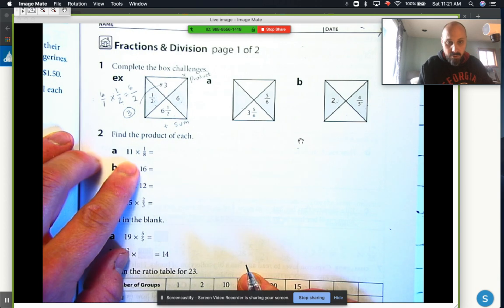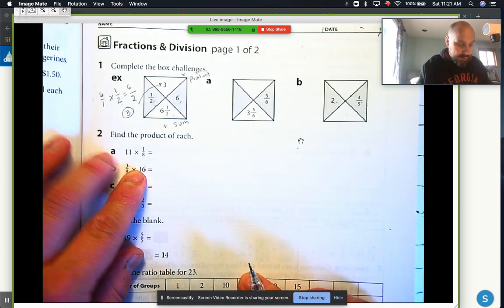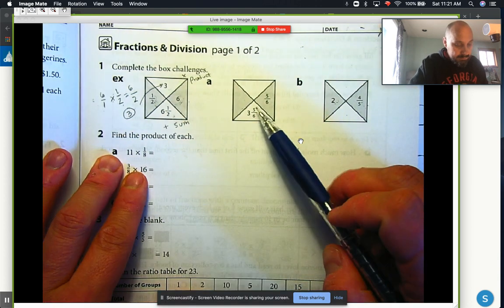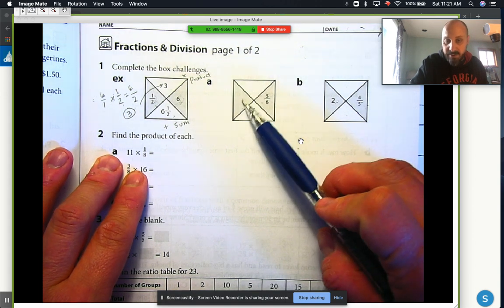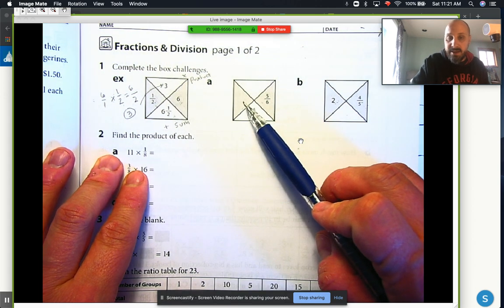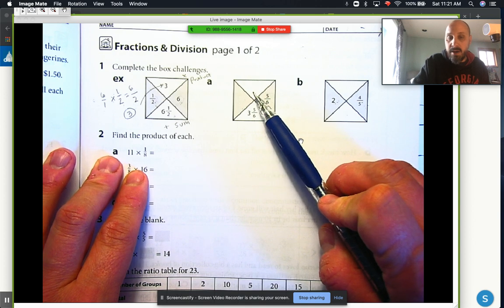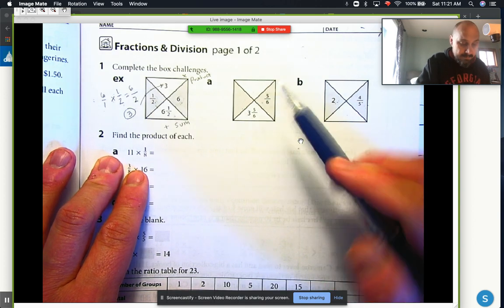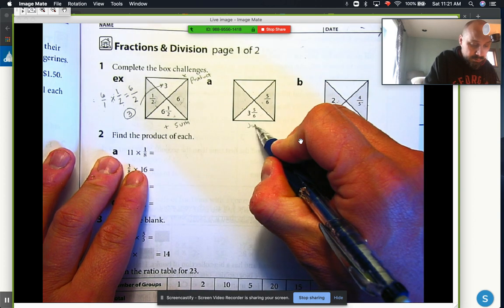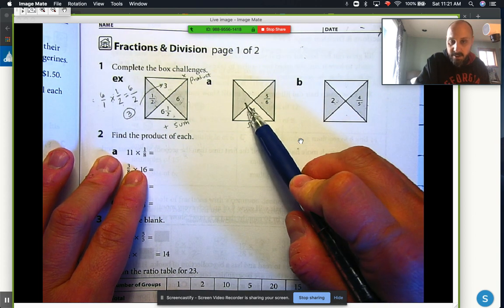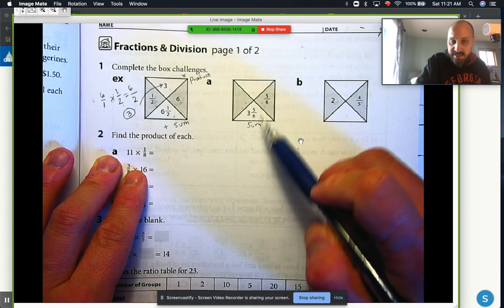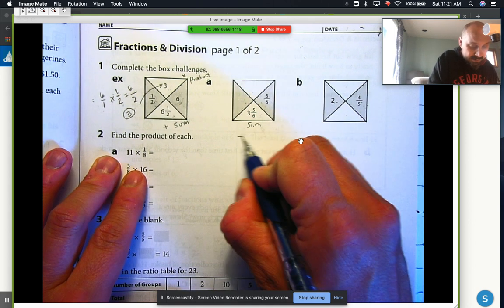I'll do a couple more of those down here. On our first problem, they don't give you the two grayed out numbers, so you have to figure out what this grayed out area would be to then finally figure out the product. I remember that my bottom triangle is my sum. So I know whatever is in this gray area plus 5/6 equals 3 5/6.